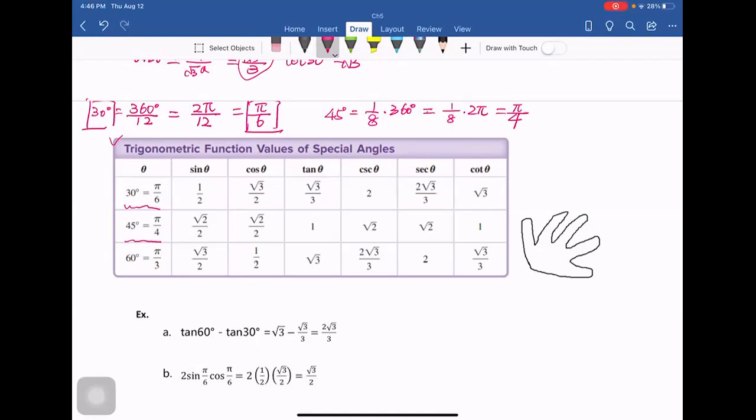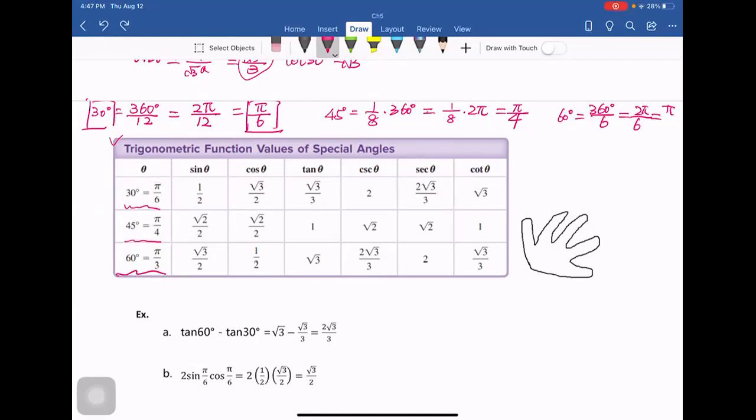Yes, that's right. How about 60 degrees? 60 degrees equals one rotation, 360 over 6, equals one rotation, 2 pi over 6. That's pi over 3. So memorize this: when you see degrees and radians, they are convertible.